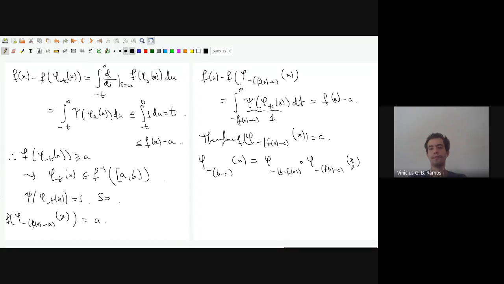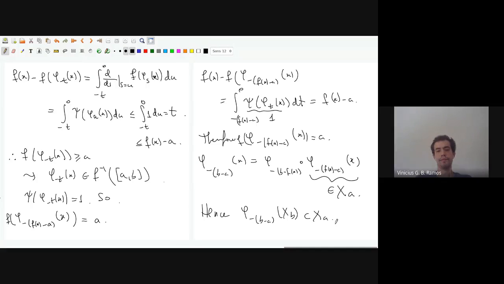Okay, so I just proved that this is equal to a, so the value of the function is equal to a, so this belongs to xa. It's in particular less than or equal to a. And I know that if I flow negatively something in xa, it's going to continue in xa. Okay, so the conclusion is, hence, if I flow with time minus b minus a, xb, I actually am contained in xa.